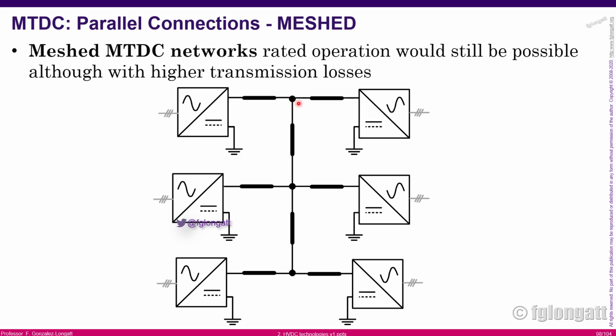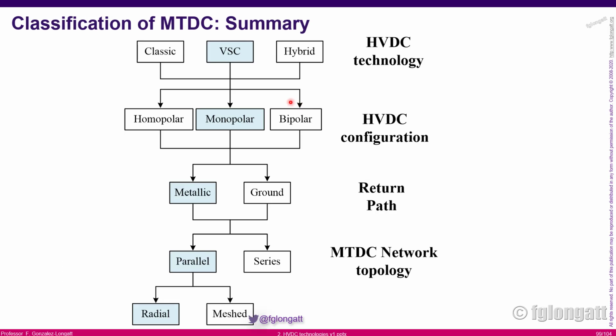Well, to close these classifications of multi-terminal DC connections, we must recognize that the HVDC technology that can be used for multi-terminals could be the LCC or classic, the voltage source converter, that is the favorite for multi-terminal connections, and hybrids.